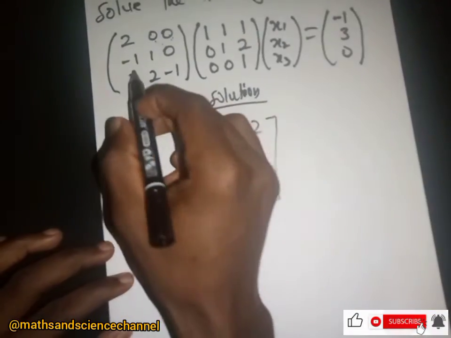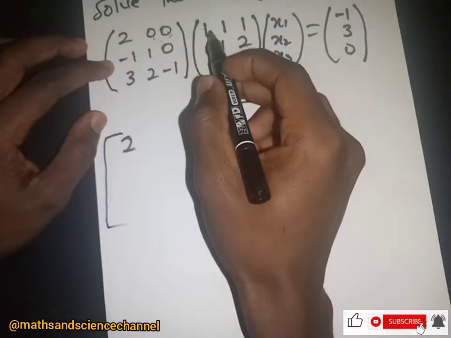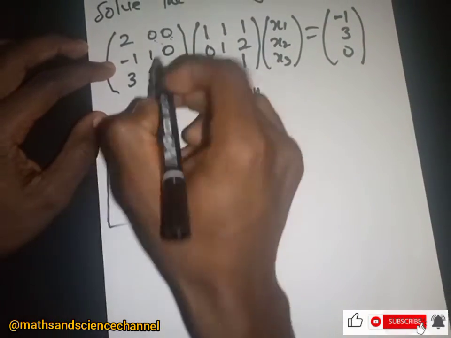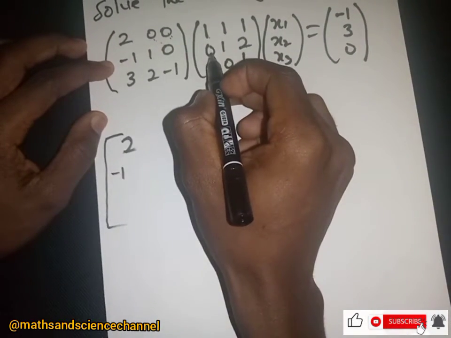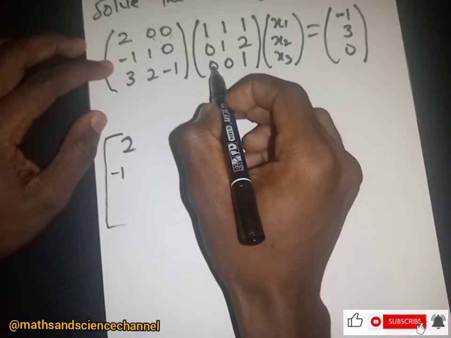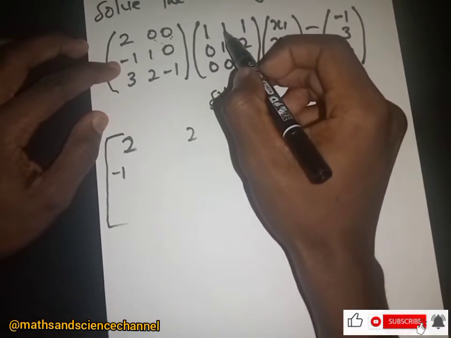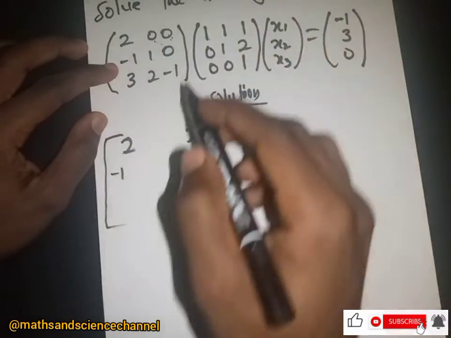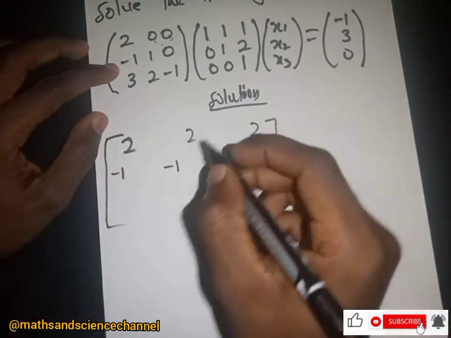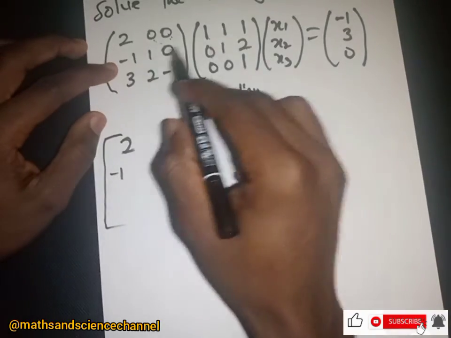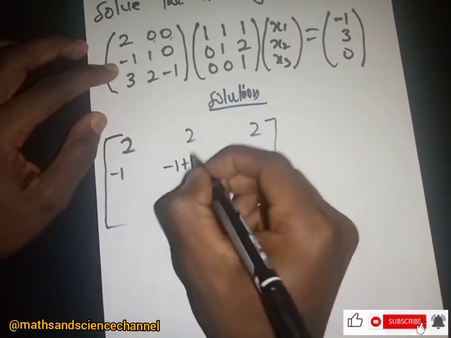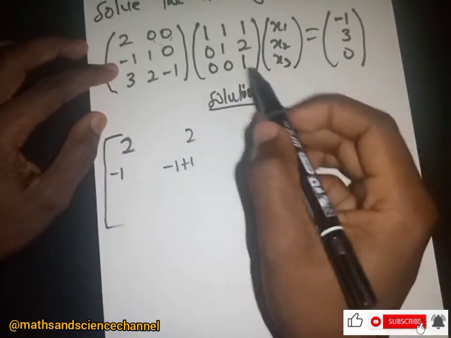Now over here we have -1 multiplies -1, then 1 multiplies 0, which goes to 0, 0 multiplies 0, which also goes to 0. So we have -1 here. Now -1 multiplies 1, and we have just -1. Then 1 multiplies 1, we have +1. 0 multiplies 0, it goes away.